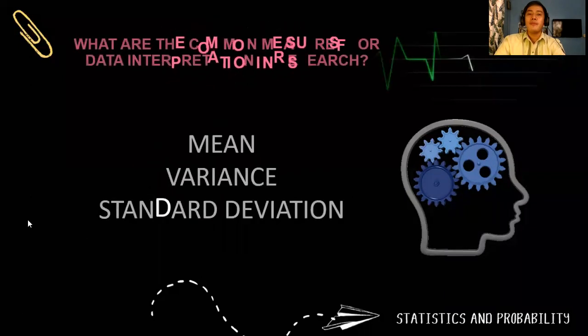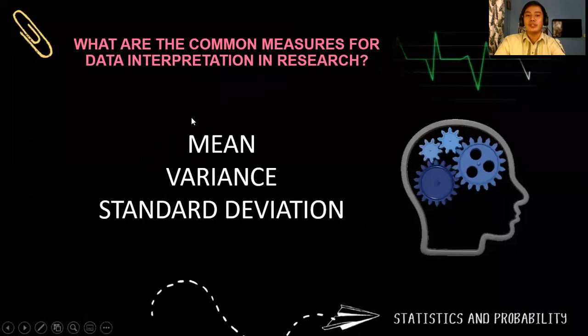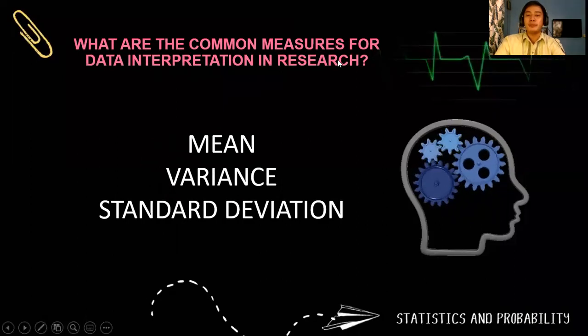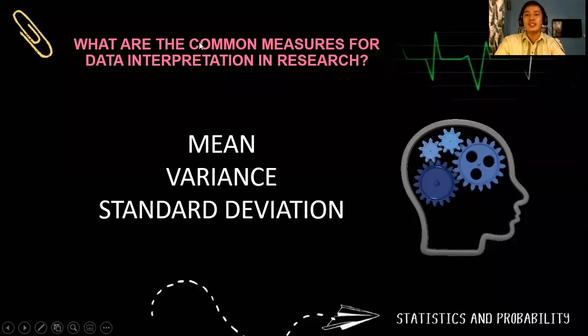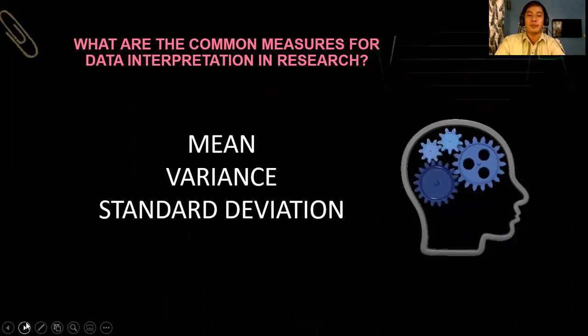Now, among all the three measures, these are the common measurements that we use for data interpretation in research: the mean, the variance, and the standard deviation. Understanding these three concepts will lead us to understanding also the mean, the variance, and the standard deviation of a discrete probability distribution.